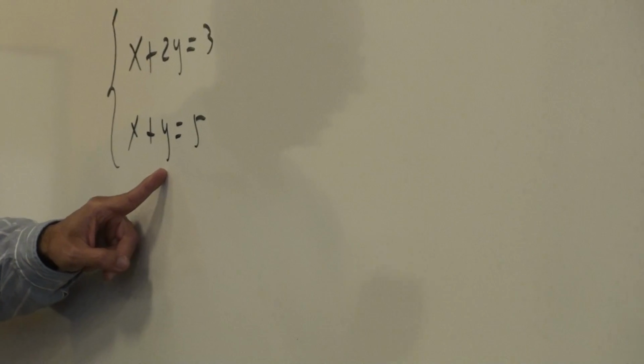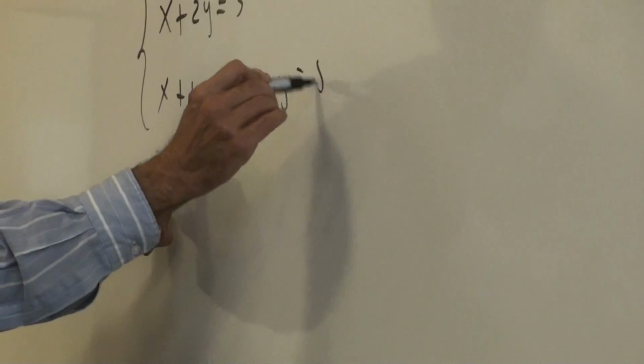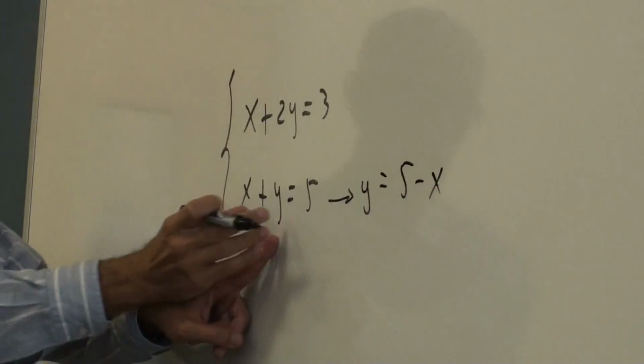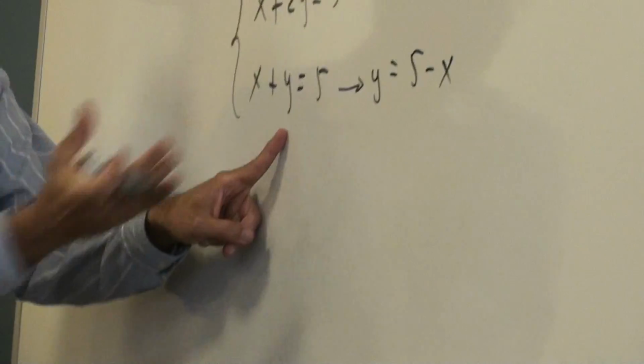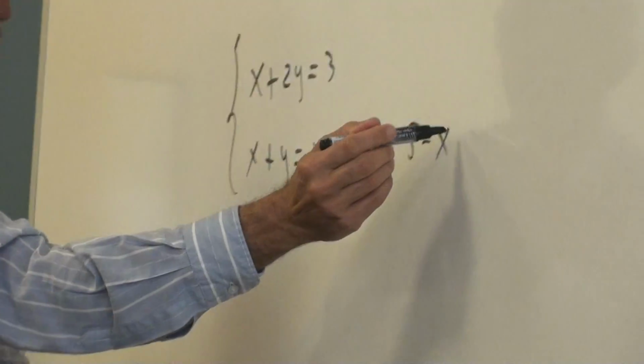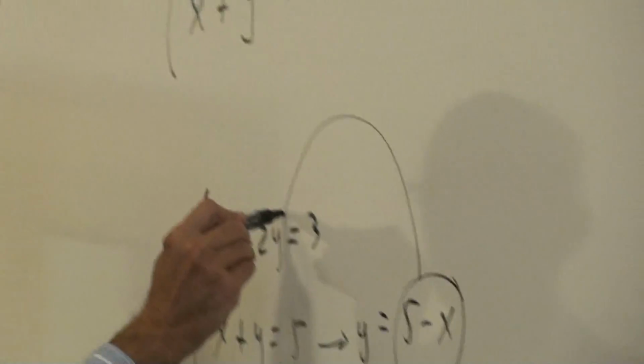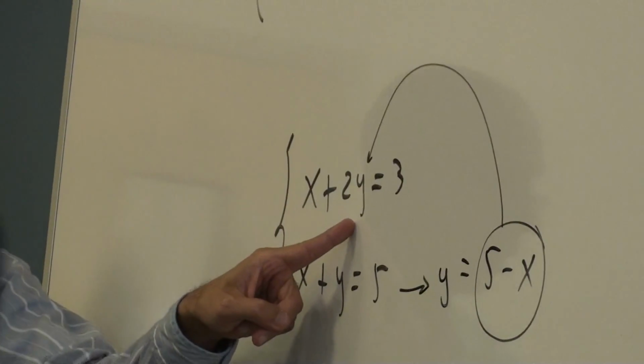Let's say you select y. So you solve it for y, right? Solve it for y means what? Isolate y here. So I move x to the other side. And then you pick up this expression and you substitute it in the other equation.